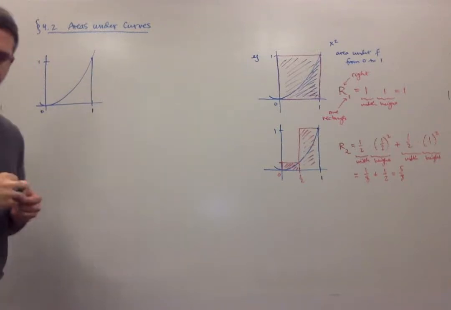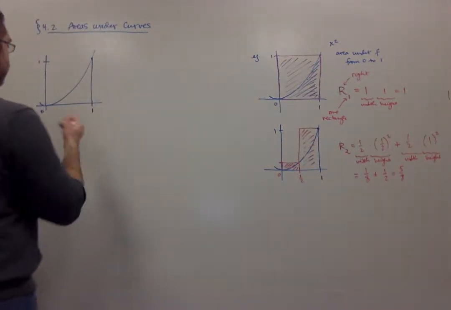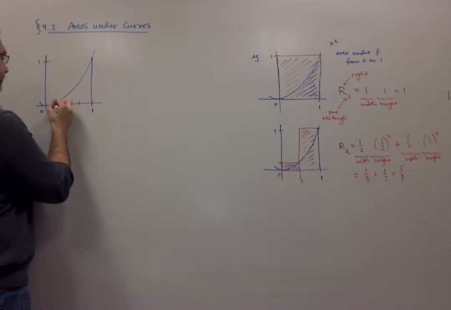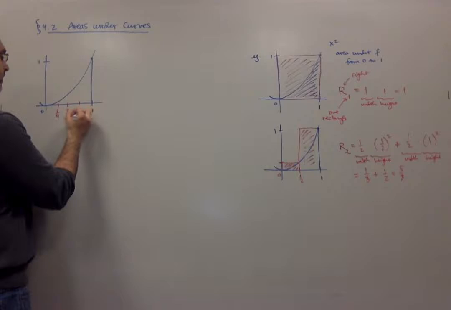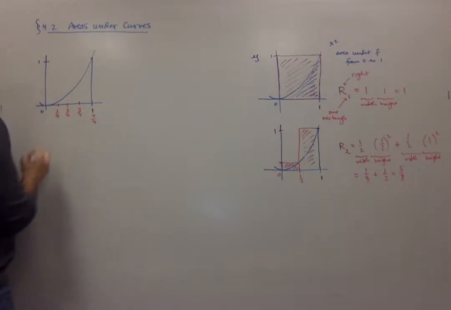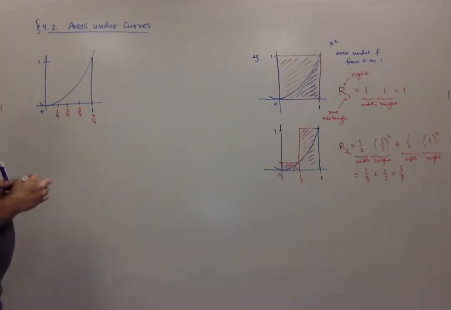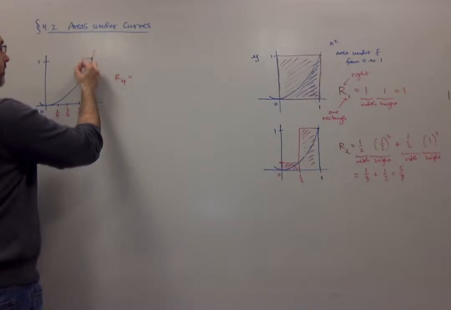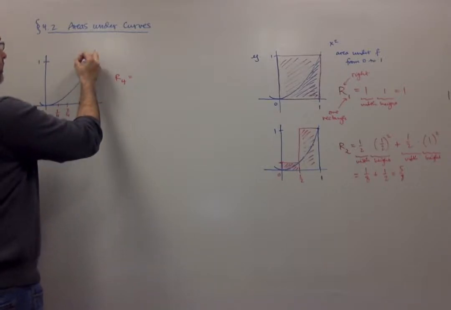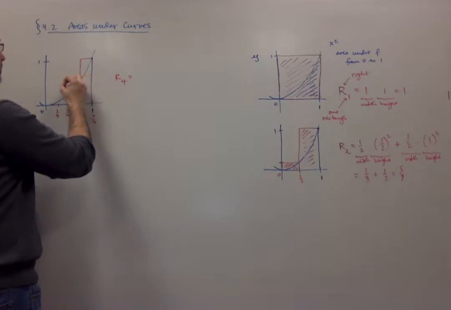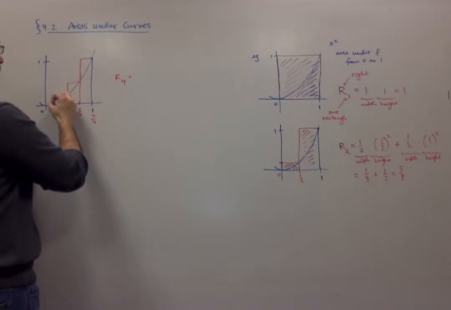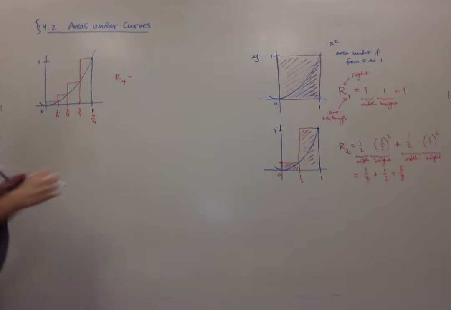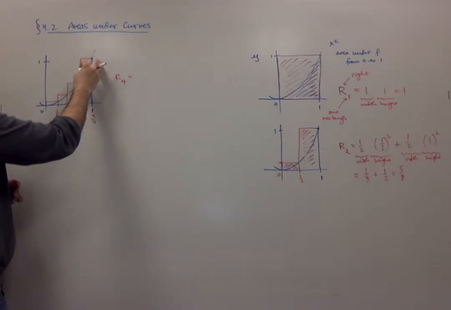But here I'm going to use 4 rectangles, so this is going to be 1/4, 2/4, 3/4, and 4/4. I'm going to use the right sides. So I'm using right sides and 4 rectangles, and I'm going to draw my rectangles. Okay, so those are my 4 rectangles there.